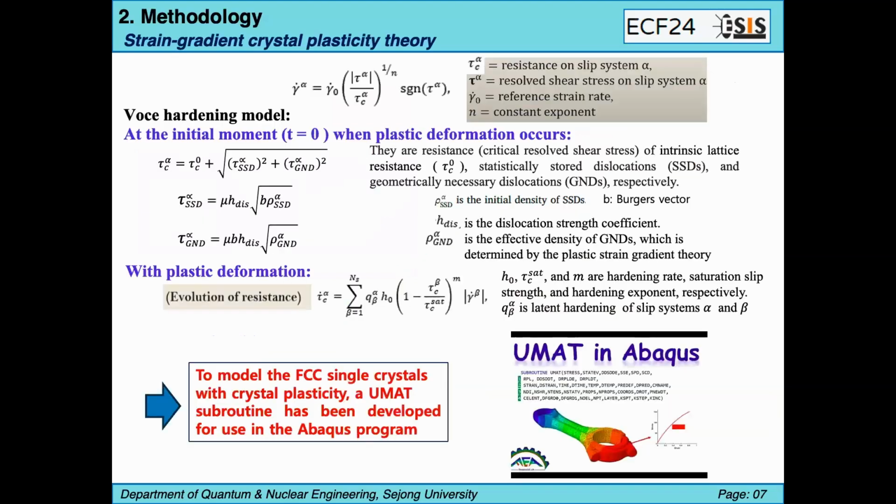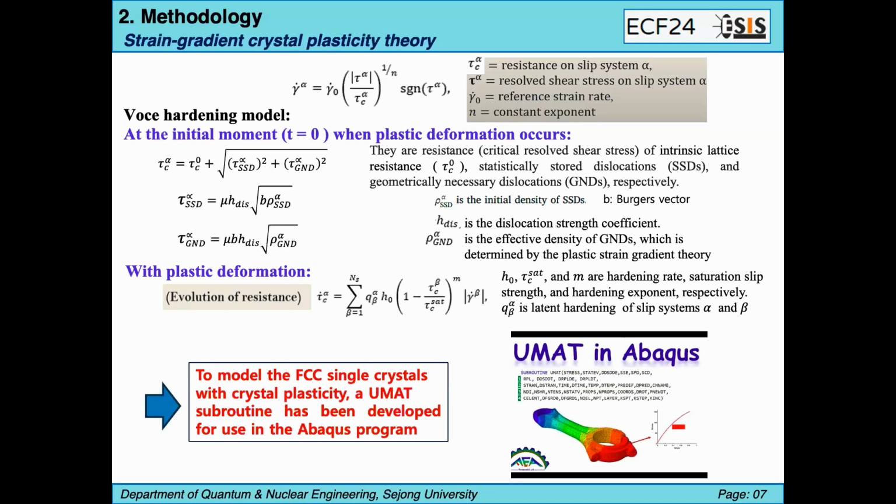Also, we will use the Voce hardening model to solve this model. At the initial moment t equals 0, when plastic deformation occurs, we calculate the tau C alpha using the equation, in which tau C0 is the intrinsic resistance, SSD means statistically stored dislocation, and GND is geometrically necessary dislocation.